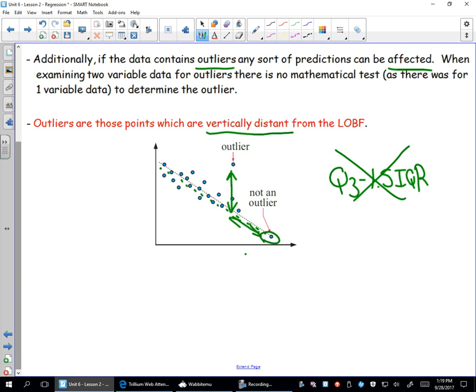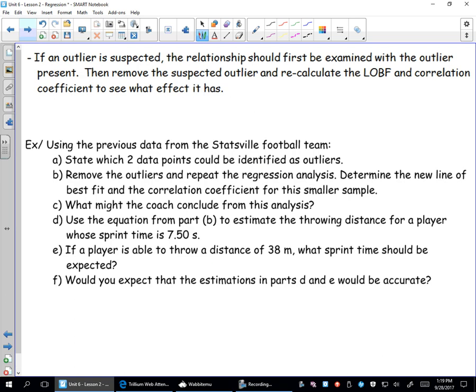And as I said, there's no right way, wrong way to saying which ones are the outliers and aren't. It's based on your by eye idea of is it too high or too low. So let's take a look at one more example here. Okay. Oh, one more thing. If outliers are present, examine it with the outlier and then recalculate it without the outlier to see what effect it had. Was our model good or was it bad?